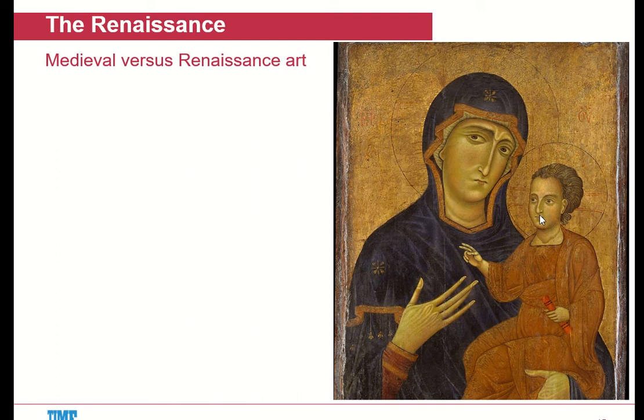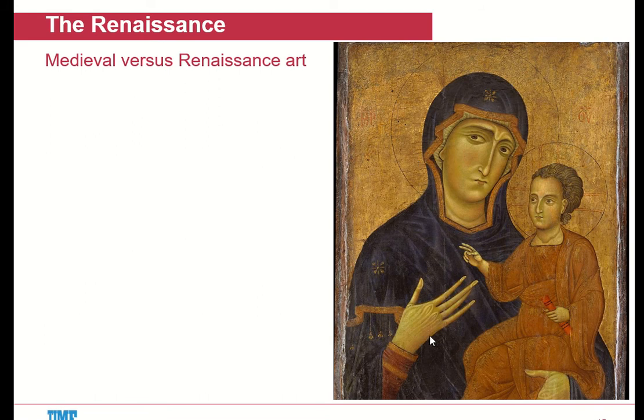The child to me just looks like a really small man. They weren't very good at using expression, at making people look happy or sad. There's no background to the painting either. The child and woman just seem to be standing in front of a wall.